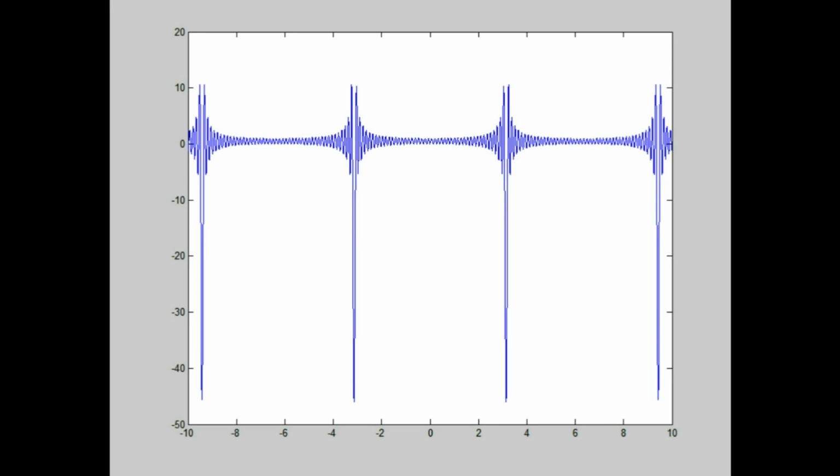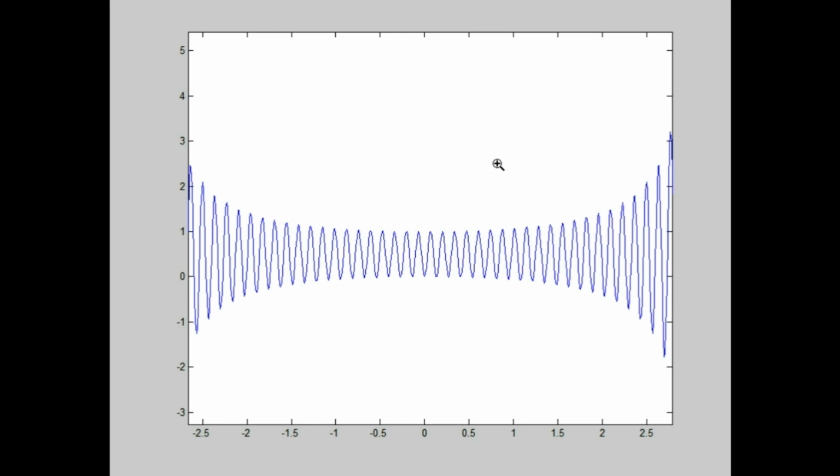In addition to the peaks, we get these regions here and here, which seem to vibrate in a very bounded manner. That is, they don't oscillate too wildly. And let me zoom in to one such region here.